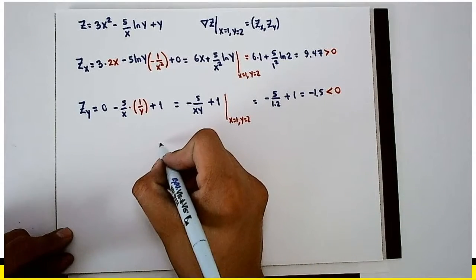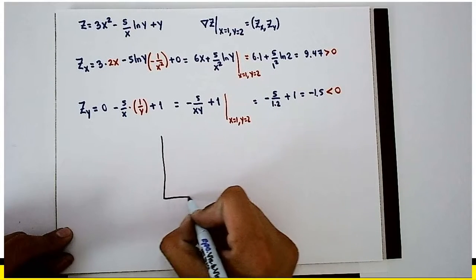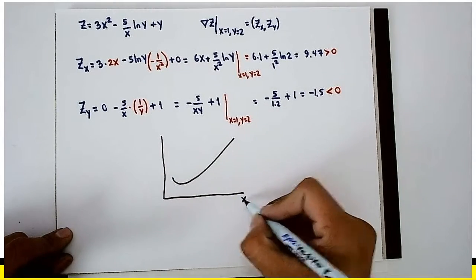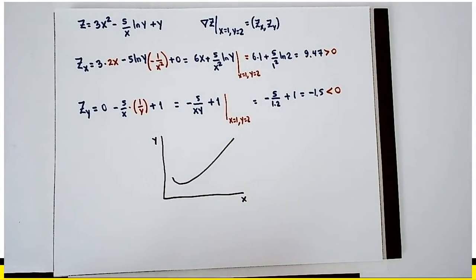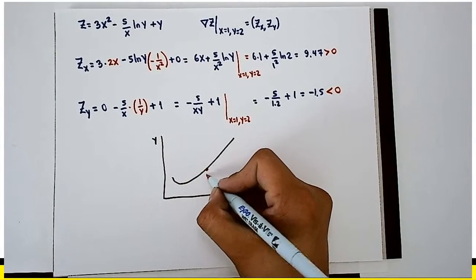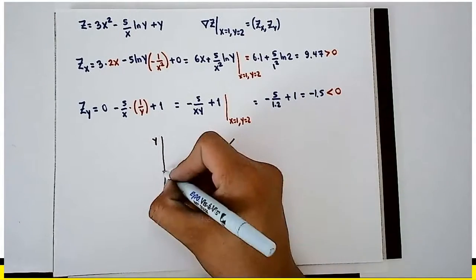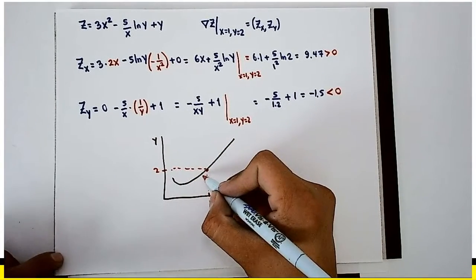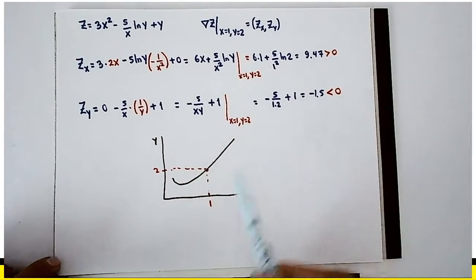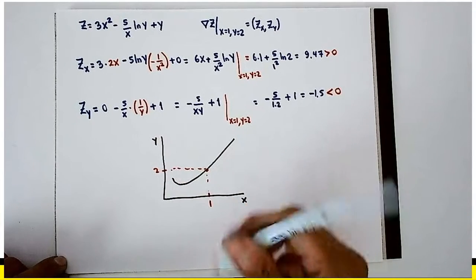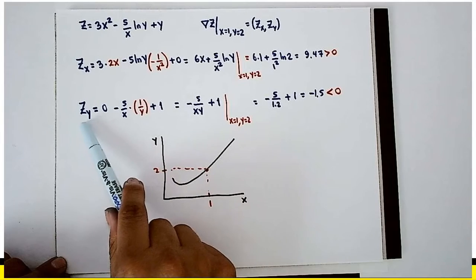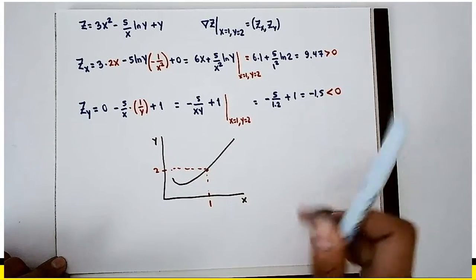Graphically, let's see what happens. So here we have the function. Here is x and y. What it means is that at the point (1, 2), the x component is positive, so we're going to the right, but the y component will be negative.